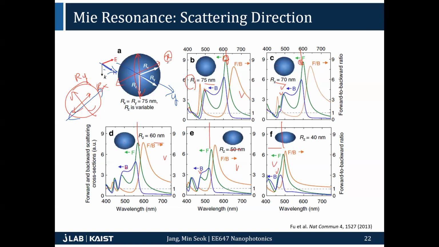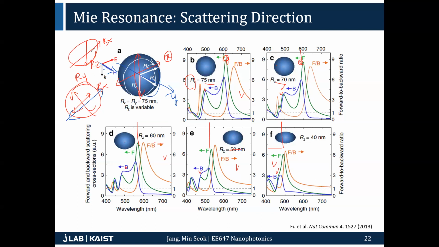But the magnetic resonance is along the y direction, right? And in order to have an oscillating magnetic field, as I said, you need a circulating electric field, a circulating current. So your circuit is basically in the x-z plane.